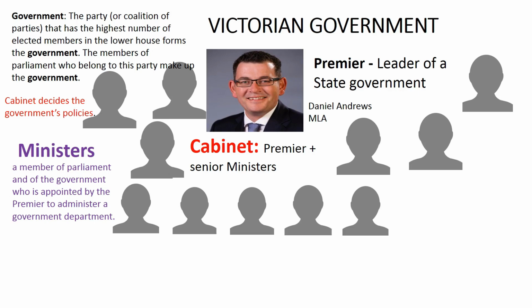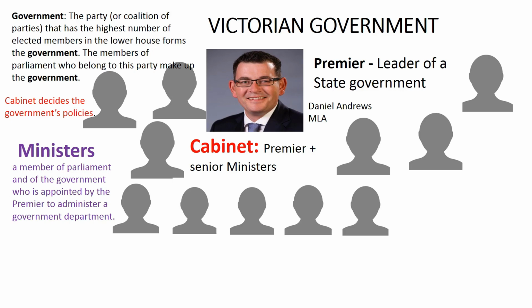At the state level, the Cabinet is the Premier and the senior ministers chosen by the Premier. Now, just as is the case with the Cabinet in the Commonwealth Government, the Victorian Cabinet is very important because it is the body, the group of people, that decides the Victorian Government's policies.